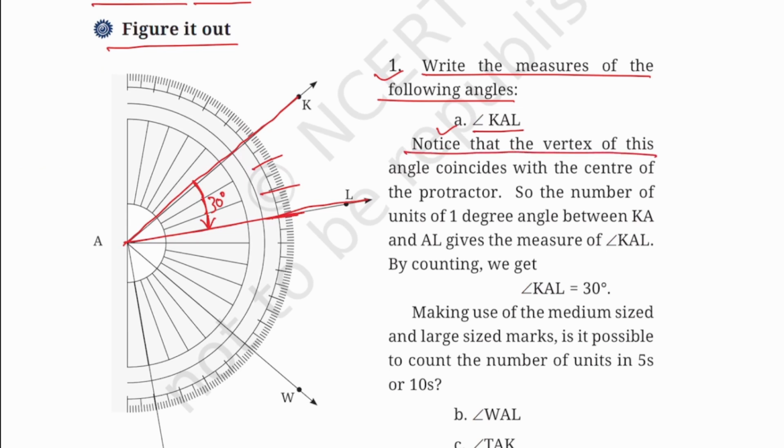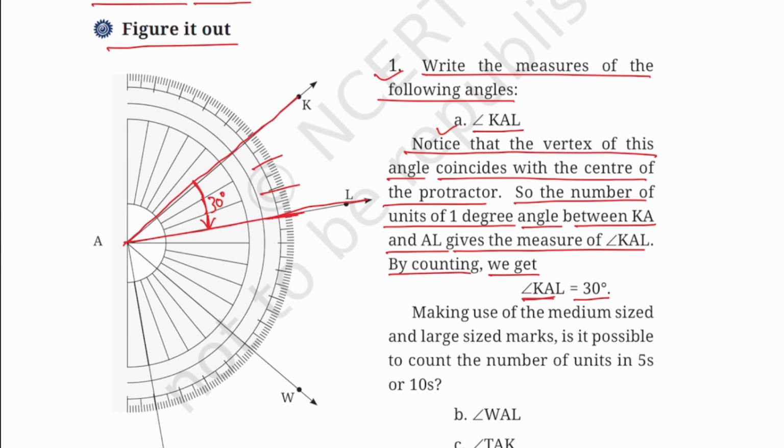Notice that the vertex of this angle coincides with the center of the protractor. So the number of units of 1 degree angle between KA and AL gives the measure of angle KAL. By counting, we get angle KAL is equal to 30 degree.